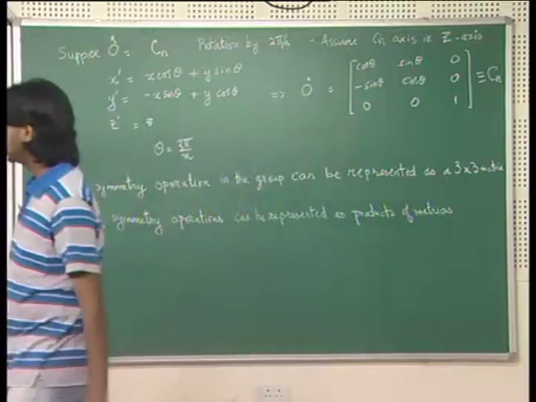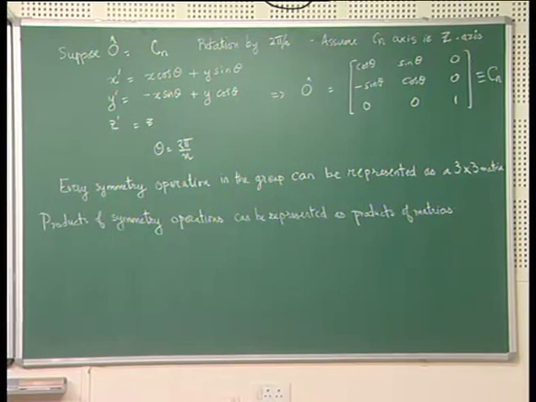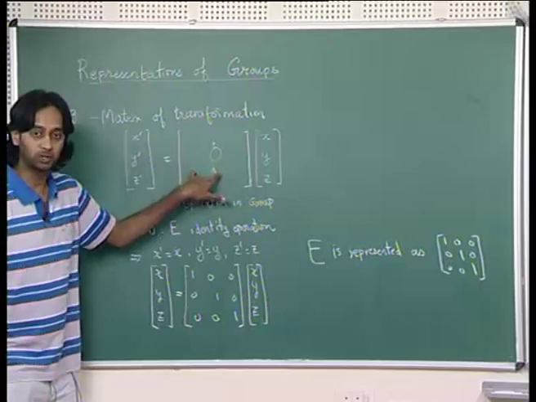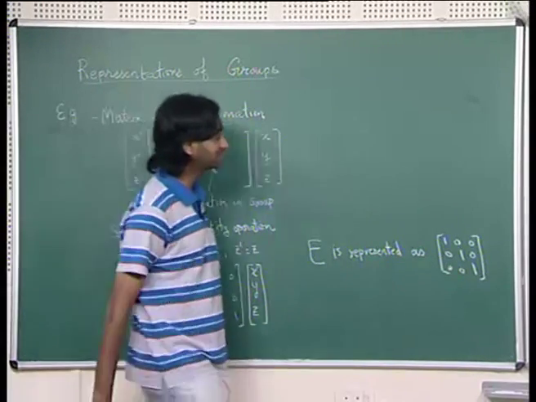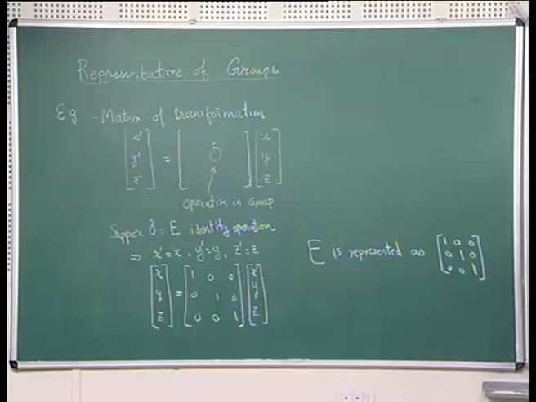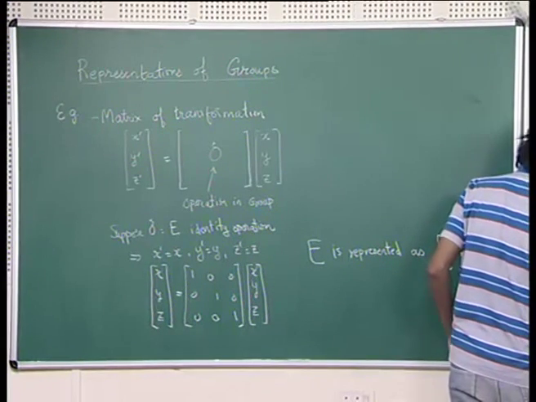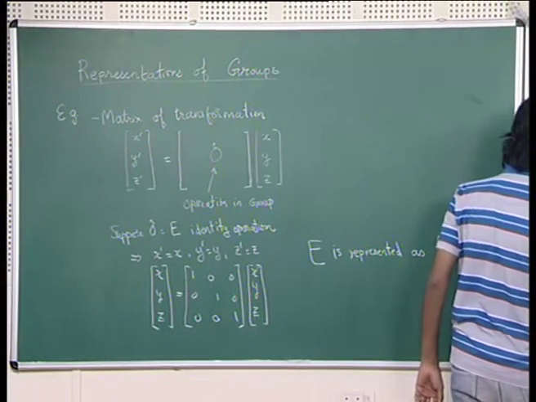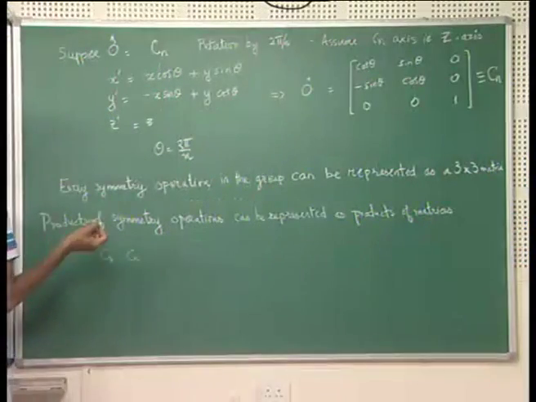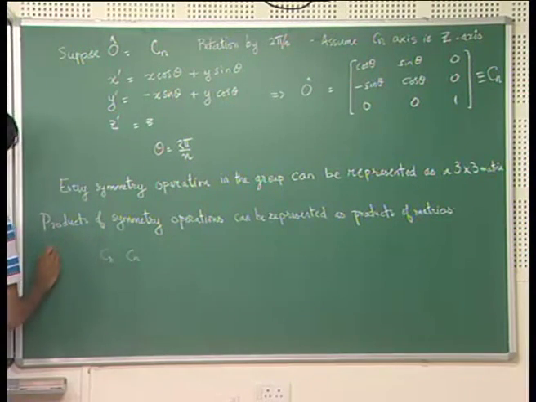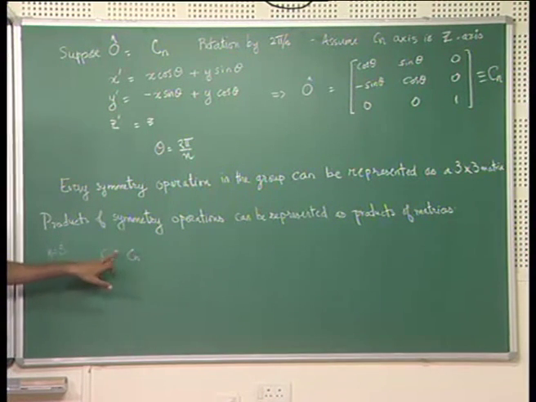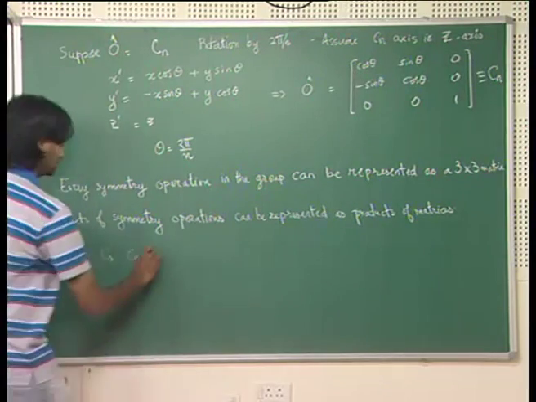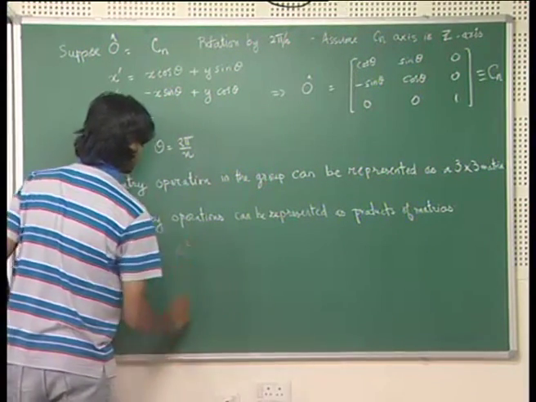So, that means the representation of a product of operations is nothing but the product of the representations, and you can see this very easily. Suppose I take C n, multiply it by C n, and let us say for convenience we will take n equal to 3. If n equal to 3, then C n times C n is C of 2 pi by 3 squared, which is equal to C 3 square.